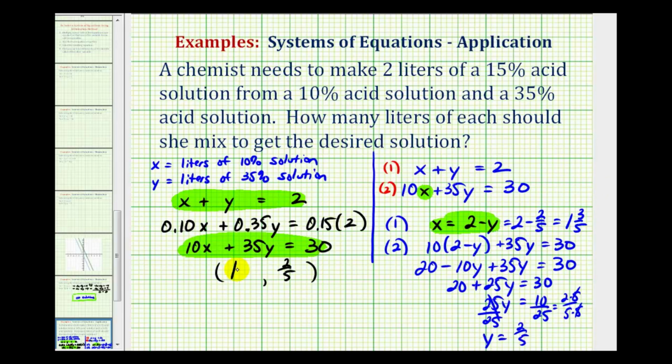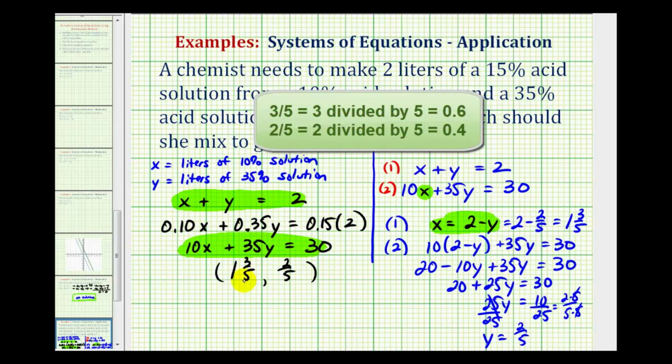So we have 1 3/5 liters of the 10% solution. We may want to convert these to decimals. 3/5 is the same as 0.6. So the mixture contains 1.6 liters of the 10% solution, and 2/5 as a decimal would be 0.4 liters of the 35% solution.